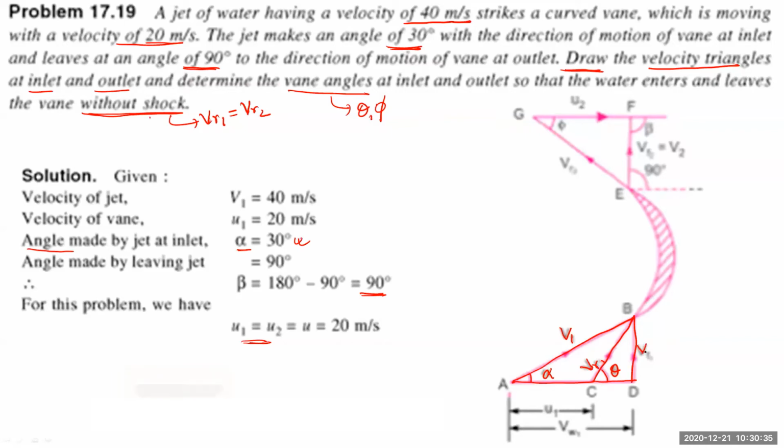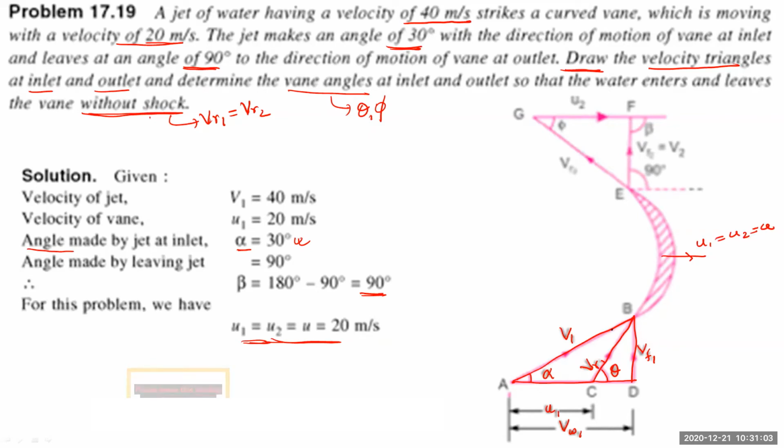The vertical line is VF1, the flow velocity, and the horizontal is the whirl velocity, VW1. This is your U1. U1 equals U2 equals U, because U is nothing but your vane velocity. So if U is given, you know U1 and U2.